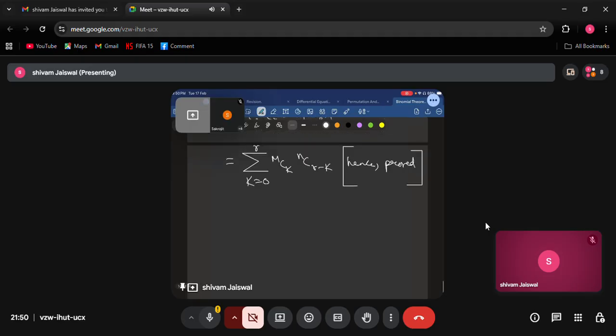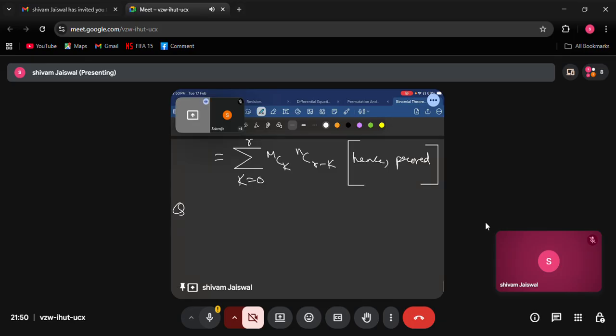You have to send me the proof, everyone. Show that C0C1 plus C1C2 plus C2C3 plus dot dot dot plus C(n-1)Cn is equal to 2nC(n+1).